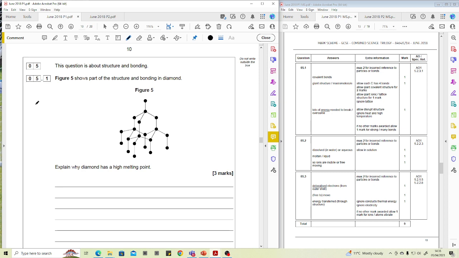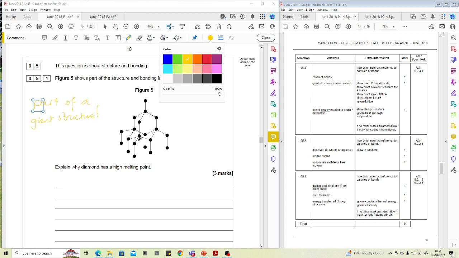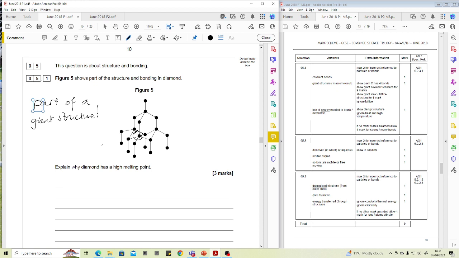So this is part of a giant structure. It's not a little molecule, and if we just analyse something that's in the centre of the structure, like this one here, you can count all the way around it and just see what is going on with this bonding.